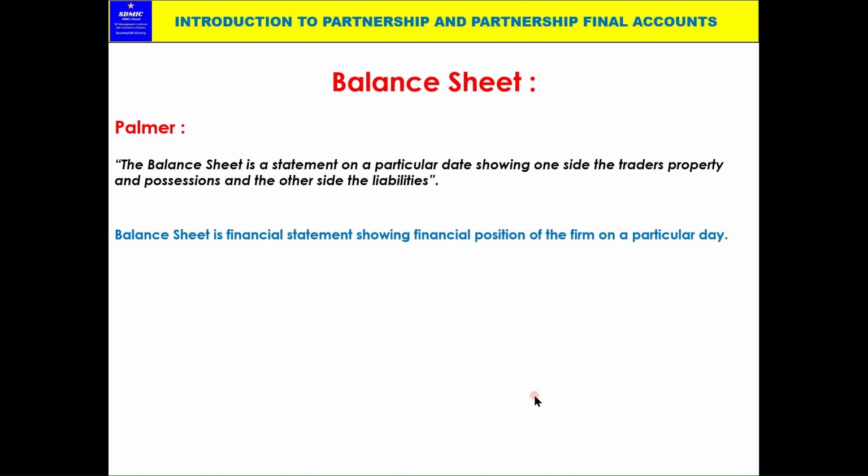If it is 12 months, in general for the year, it will be from 1st April to 31st March. Whereas the balance sheet is on a particular date. For example, if it is prepared at the end of a particular date, it shows the financial position of that particular day.